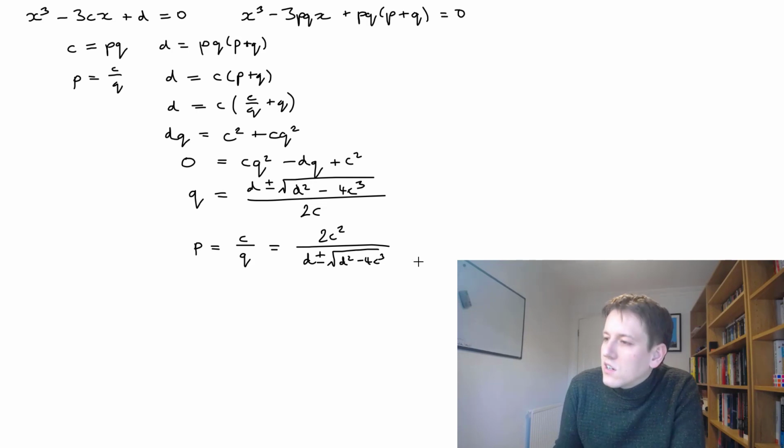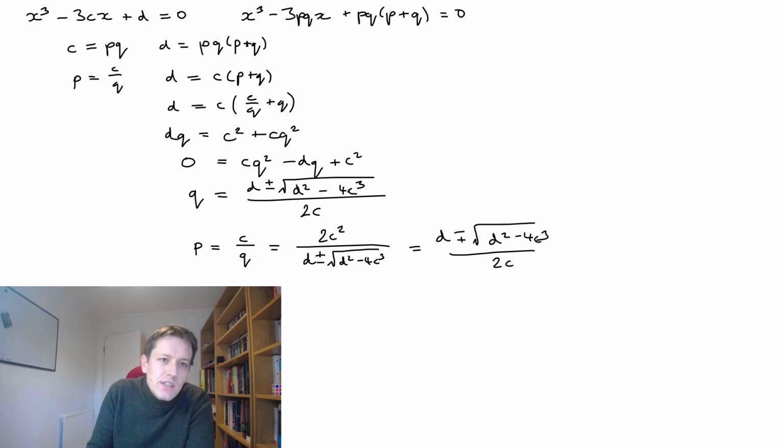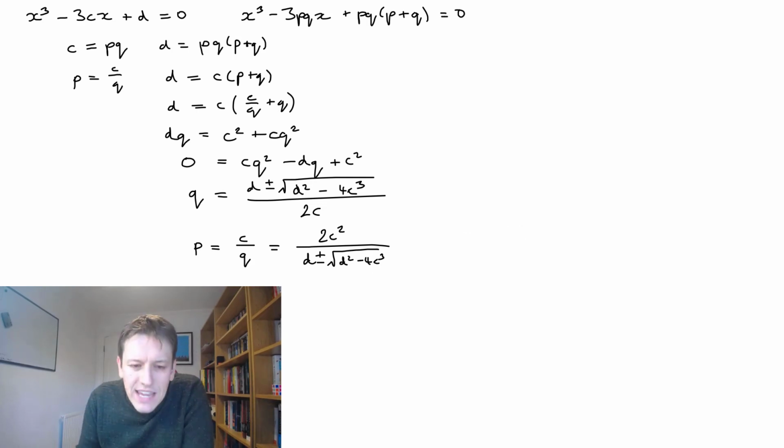It's not hard at all to show that this expression is effectively equal to D minus plus the square root of D squared minus 4C cubed, over 2C. All you've got to do is your usual rationalizing of the denominator here, and that will drop out. But that's just an extra bit of insight there.